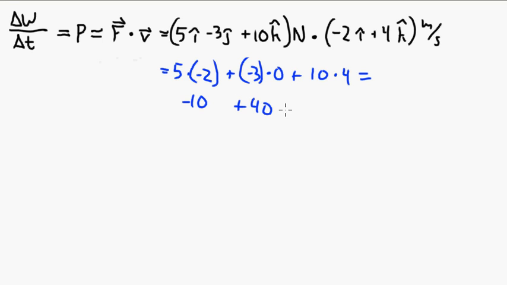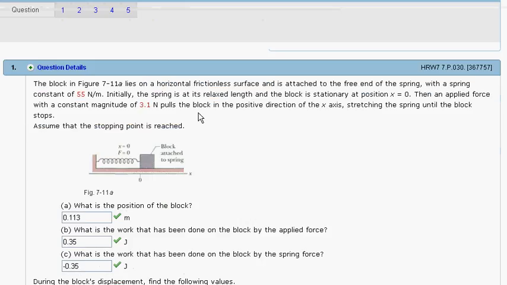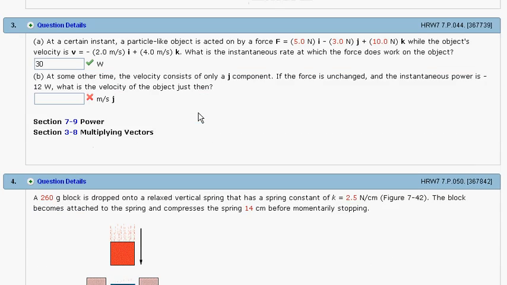So this is going to equal 30, and the unit is newton meters per second, which is joules per second, which we know as watts. So 30 watts. Let us see if this is actually correct. 30 watts. And boom, yes it is. I am getting really lucky.